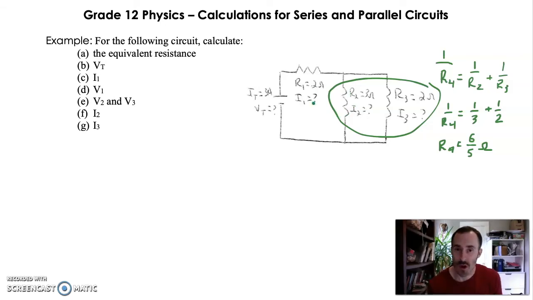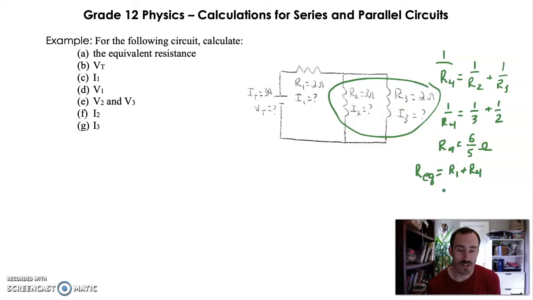I'm not going to redraw this for the sake of space. But now, when I'm figuring out the equivalent resistance, what I need to do is just combine in series R1 and R4. Okay, they are now in series with one another. So the equivalent resistance equals R1 plus R4.